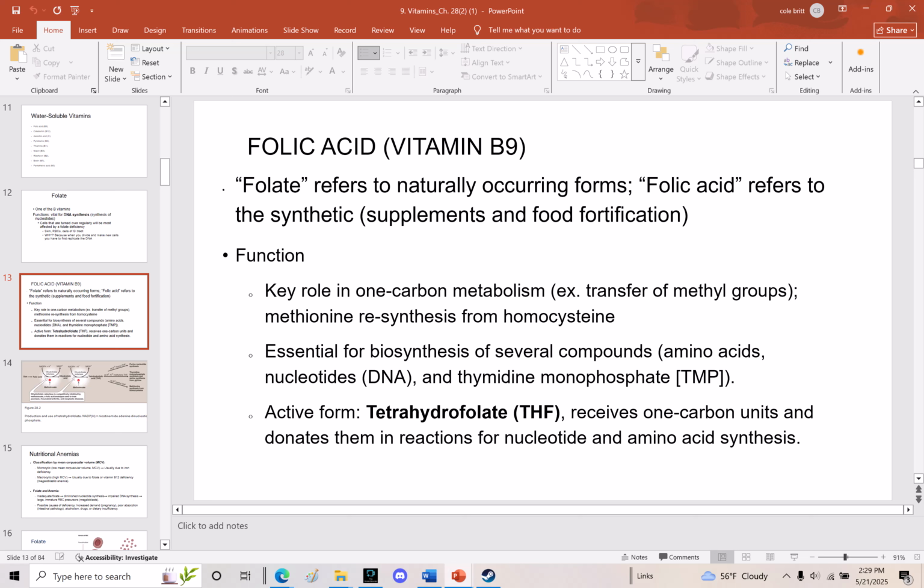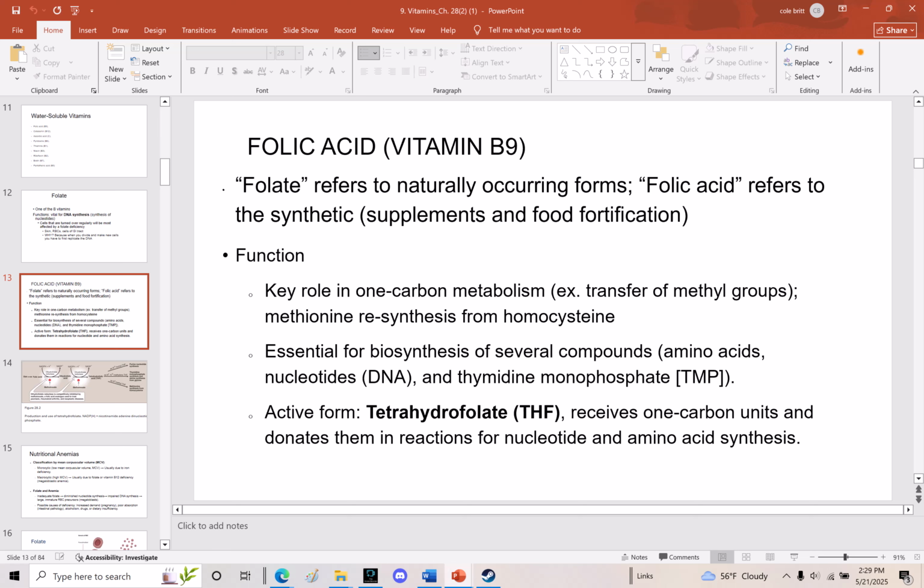All right, B12. B12 deficiency can result in microcytic anemia due to its requirement for recycling tetrahydrofolate. Wait, was that true or false? Macrocytic anemia. What causes microcytic anemia?